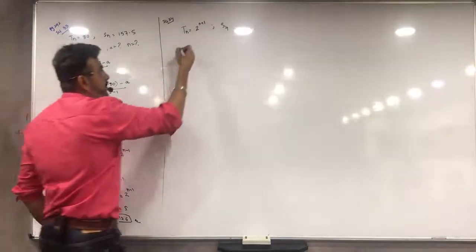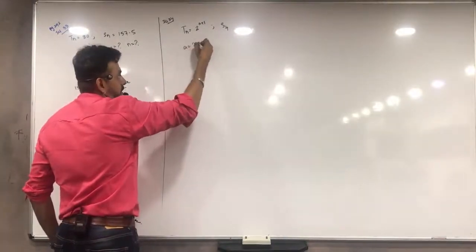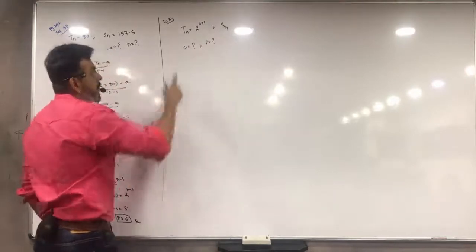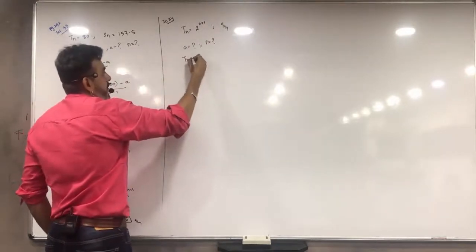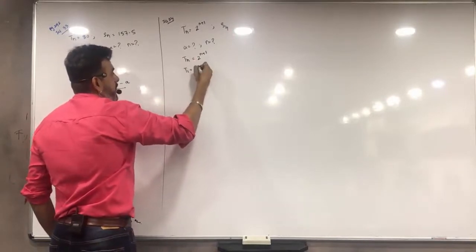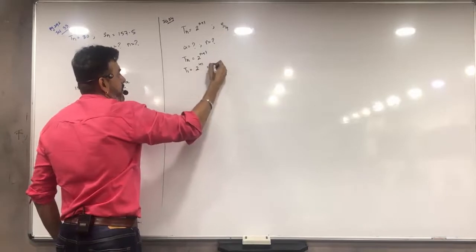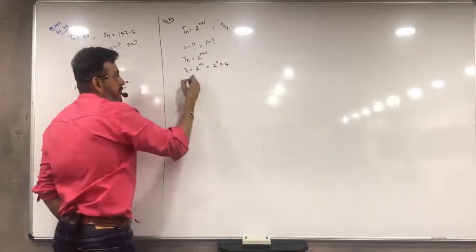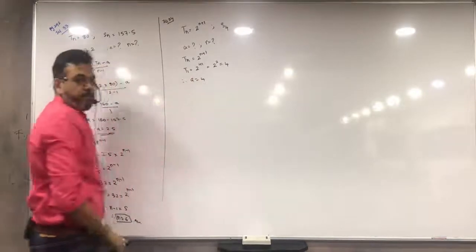Now, first what we have to find? We have to find the value of A and then we have to find the value of R. Now, Tn is equal to 2 raised to n plus 1. So can I say T1 is equal to 2 raised to 1 plus 1, which is equal to 2 raised to 2, which is equal to 4? Therefore, can I say A is equal to 4?